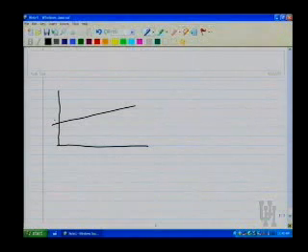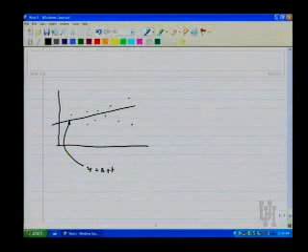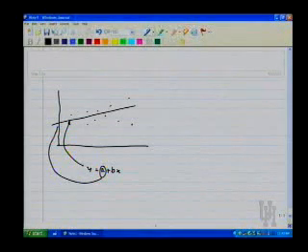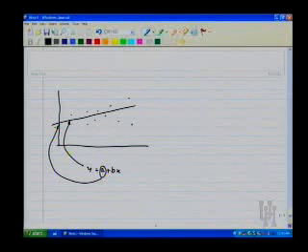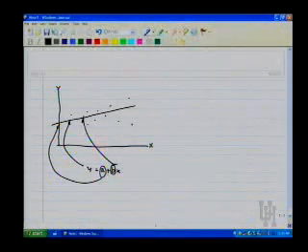If this is the line of best fit, the straight line of best fit through a data set, whatever that data set looks like, the form of the equation that describes that straight line is y equals a plus bx, where a is the y-intercept, that is the point at which the line intersects the y-axis, and b is the slope of the line.